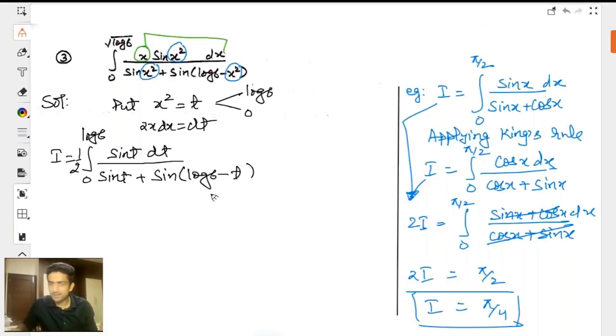You may have a reference of this example and then focus on this question. Just try to observe that if we apply King's rule, this will happen. If we add, because normally addition helps, then something good will come out. Try to see.